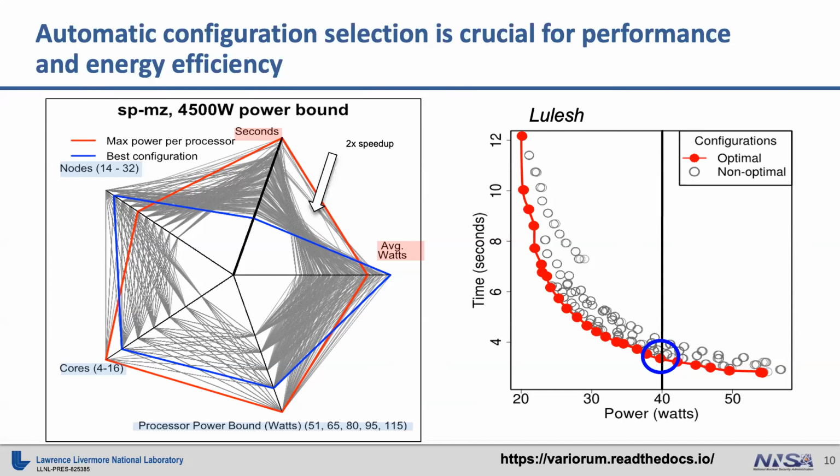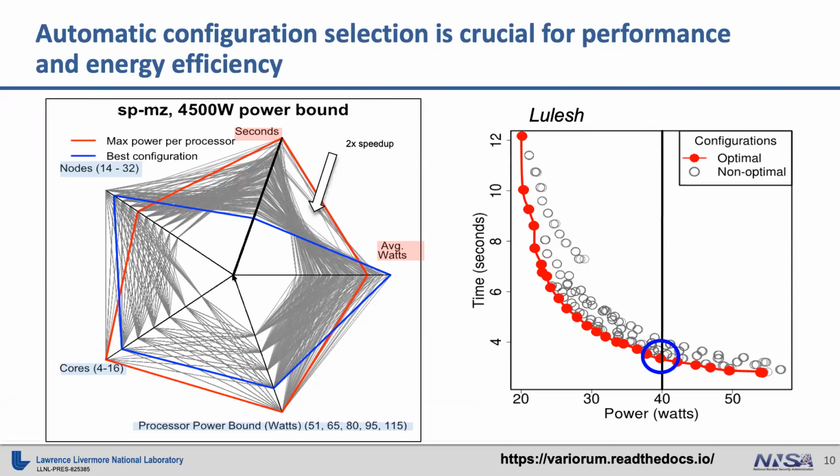A very simple example of this is this one application called SPMZ, which is a NAS benchmark. And let's assume we have a 4,500 watt power bound. This spider graph that we're looking at here looks complicated, but it's quite simple to understand. We are interested in two output parameters: execution time in seconds and average watts, basically the power consumed by the application.